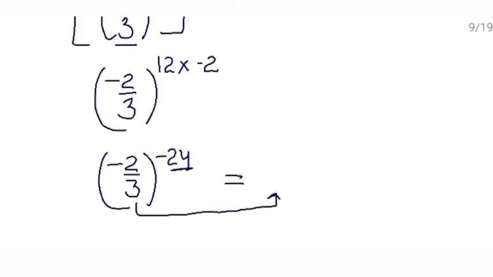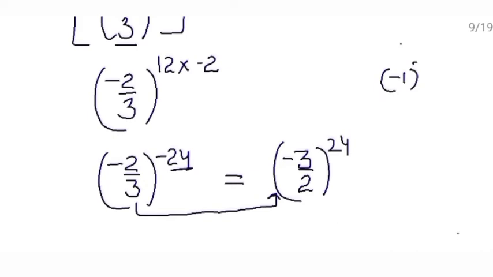Here the base is minus 2 upon 3. So its reciprocal will be minus 3 upon 2. And power will become positive now. Students, as you know, if negative base has even power, like 2, 12, 24, 32, then we get the positive value. It means plus.